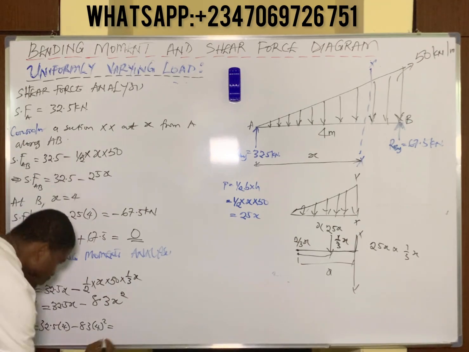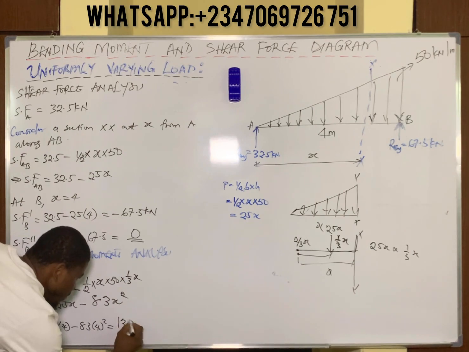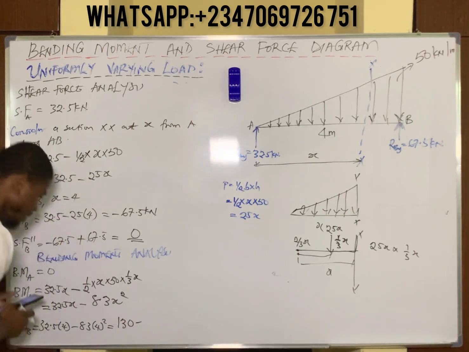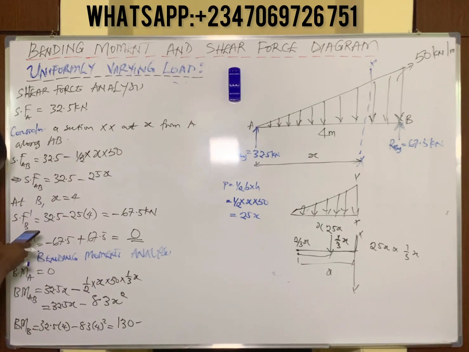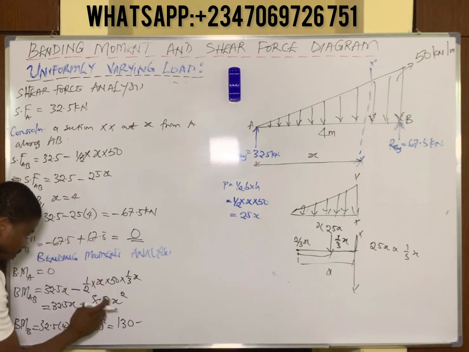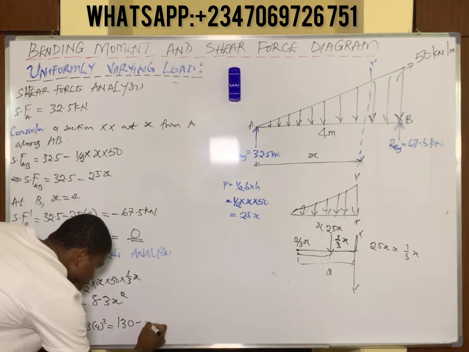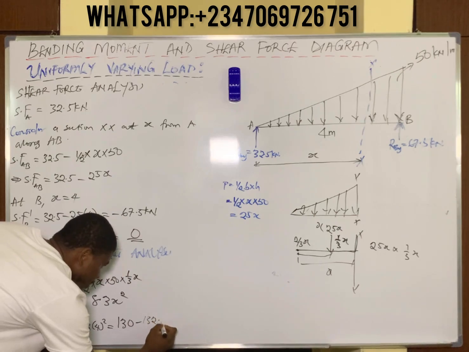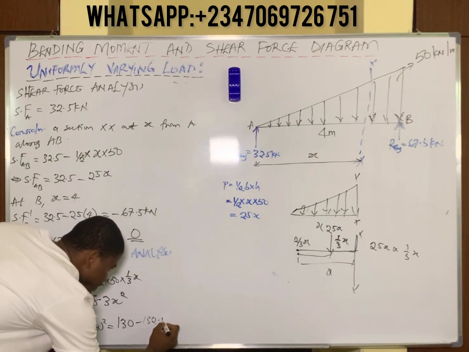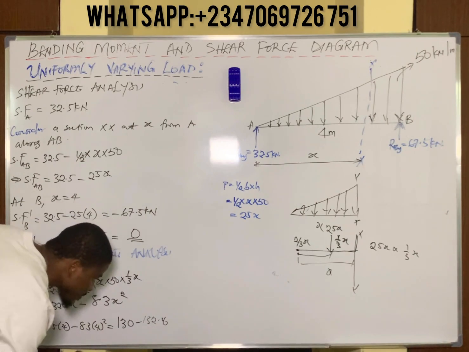That simply gives us 130. So we have 130 minus 8.3 times 4 squared. All right, so 8.3 multiplied by 4 squared gives us approximately 132.6.